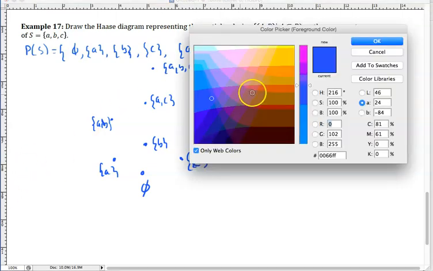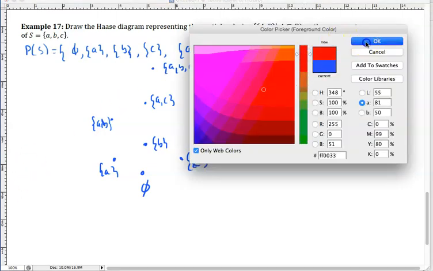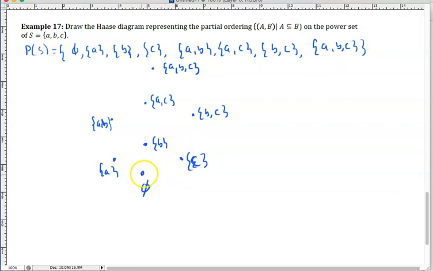All right, so let's draw. All right, so no loops, although each set is a subset of itself. The loops are implied. Okay, so we're going to go from the null set to the ones that are sort of in front of it, the first level ones.